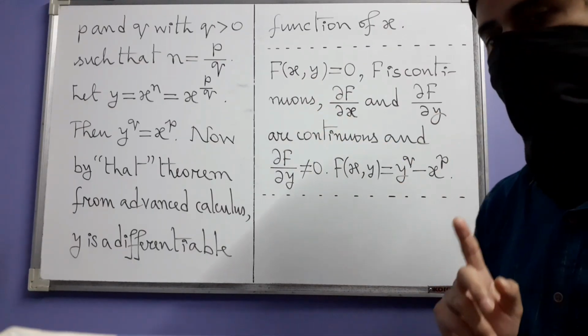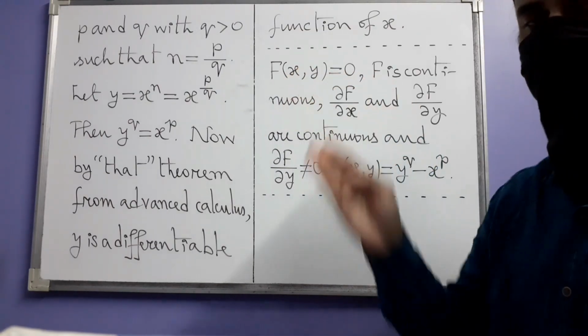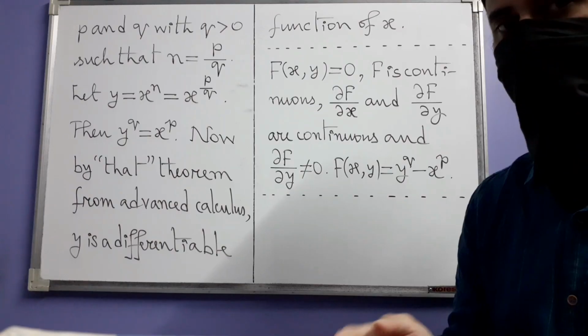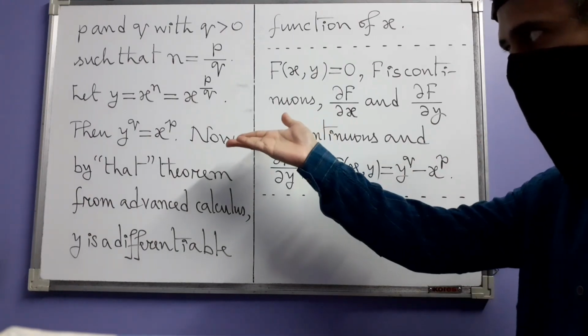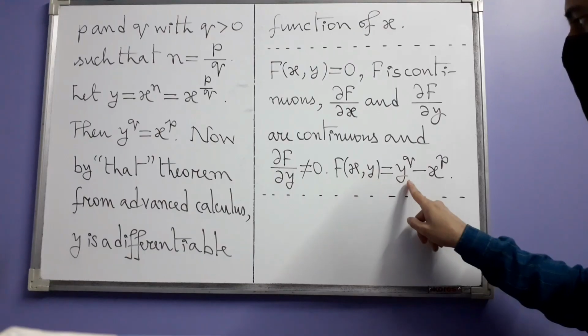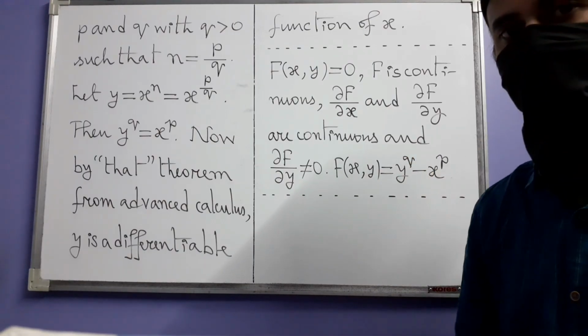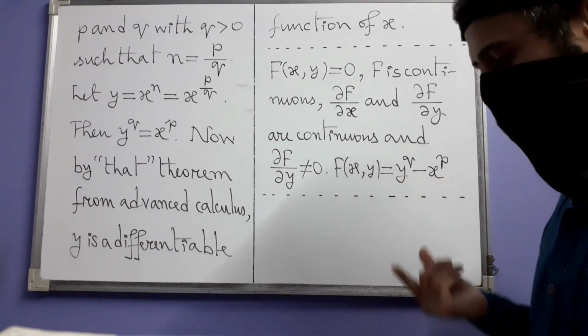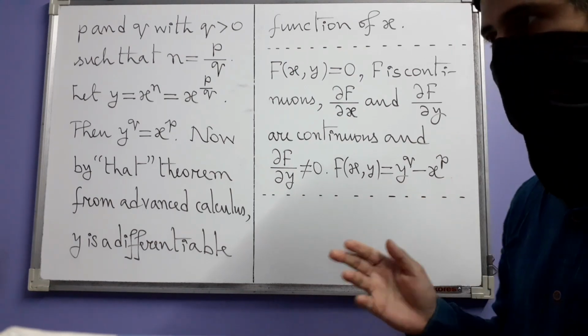Then y is a function of x, although it will be hidden in this implicit relation. And moreover, y will be a differentiable function of x. In this case, our f is this, y to the power q minus x to the power p. It is a polynomial function in x and y in two variables, so it is continuous.